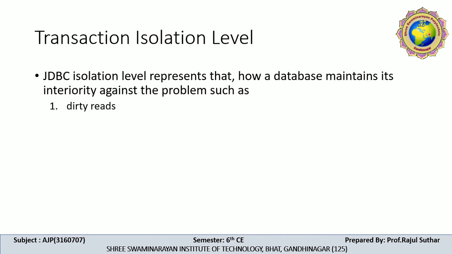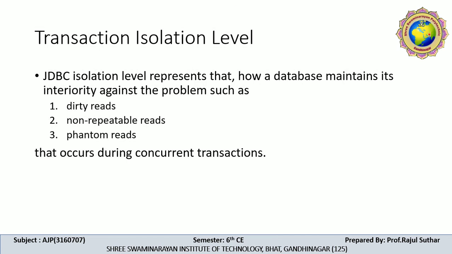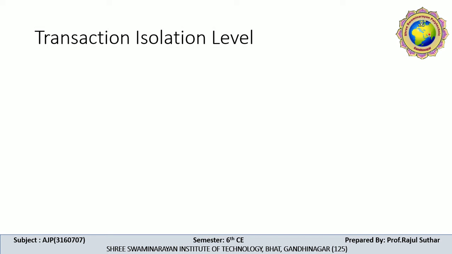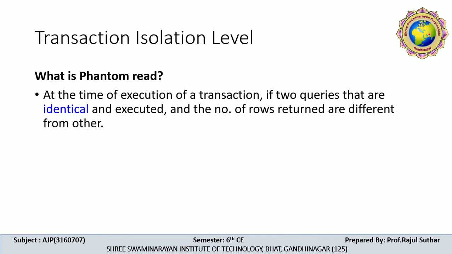Transaction isolation levels cover the JDBC isolation levels, which present how a database maintains its integrity against problems such as dirty reads, non-repeatable reads, and phantom reads that occur during concurrent transactions. What is phantom read?